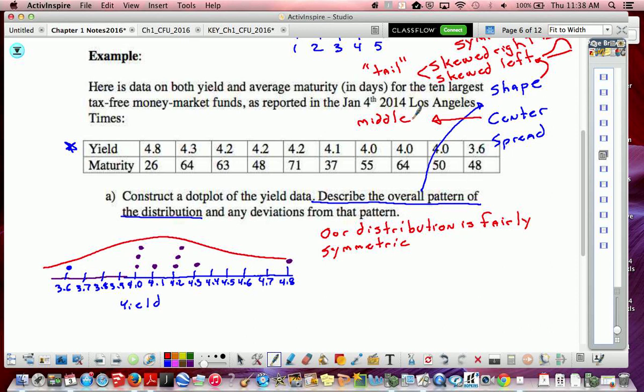Okay, so with a center around 4.2, since it's a yield, it's a percentage, 4.2%. And then when we talk about the spread, we state the low and high values.